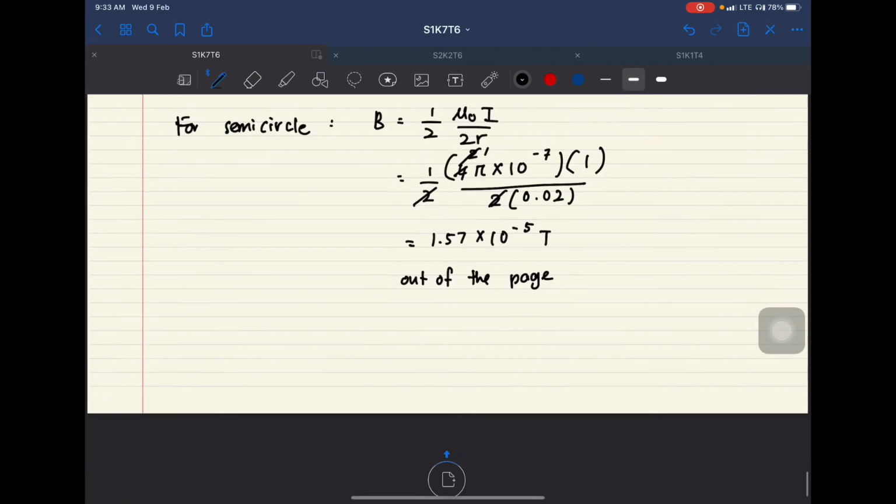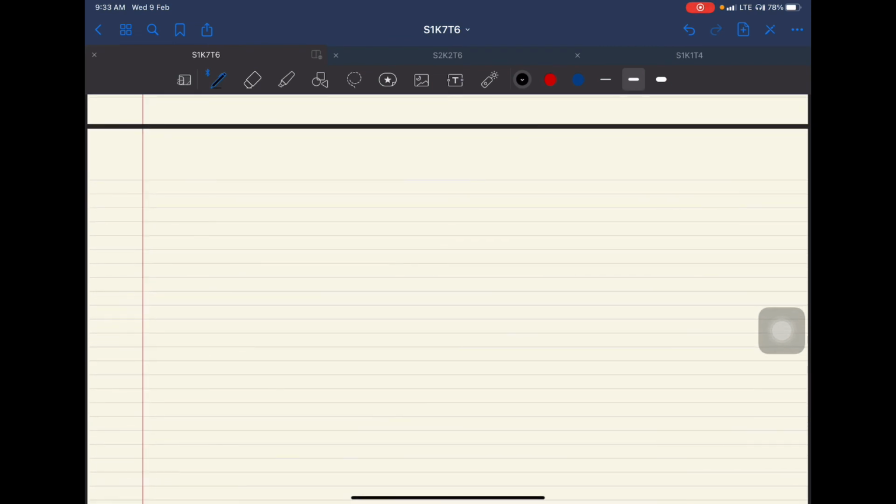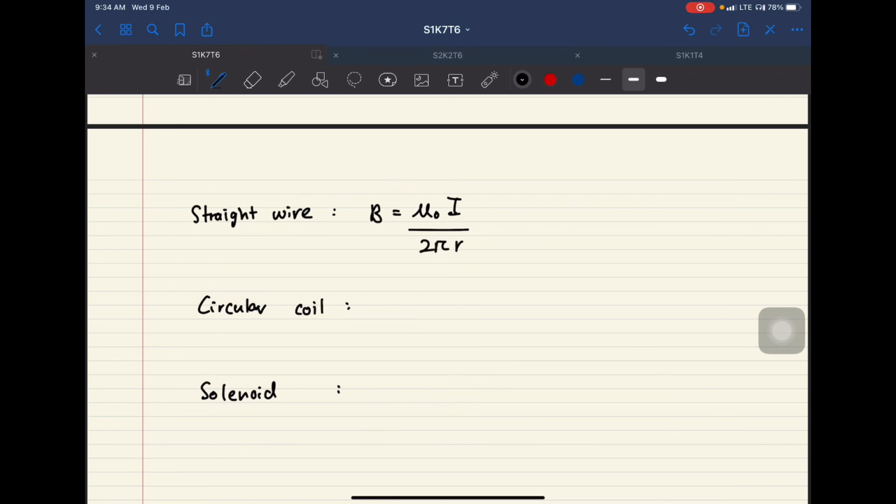As a conclusion for this subtopic, you have three main cases, which are straight wire, circular coil, and solenoid. Okay, but you have four formulas. So for straight wire, B is equal to mu naught I over 2 pi R. For circular coil, B is equal to mu naught I over 2R.